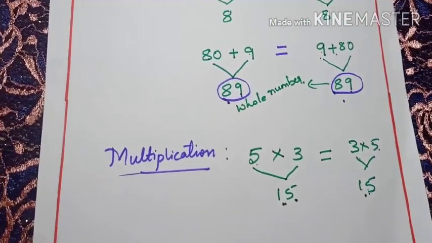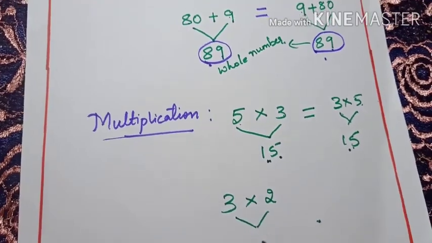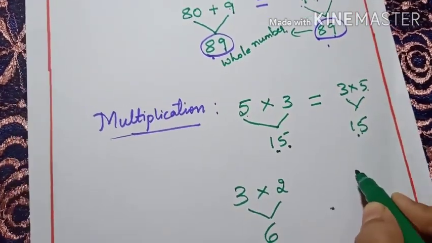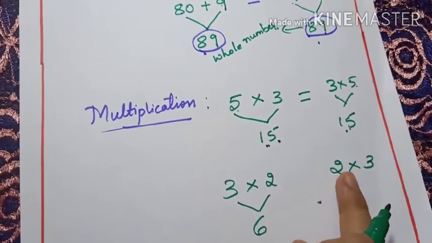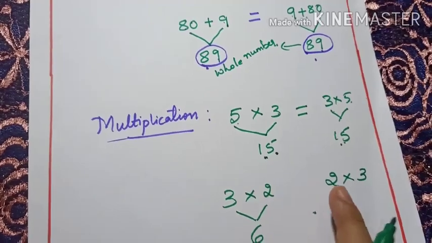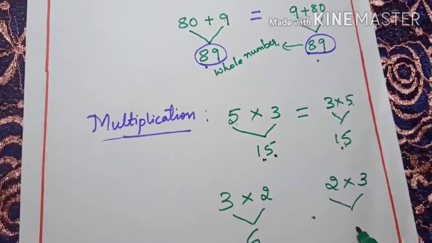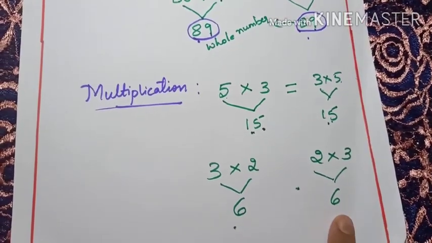Take one more example. 3 2s are 6. Also 2 3s are, when you change the order of the numbers, here 2 has come first, right? Here it was last, now it is first. 2 3s are 6. Answers are 6, here also 6, right?